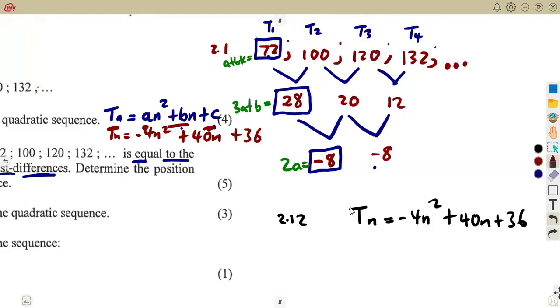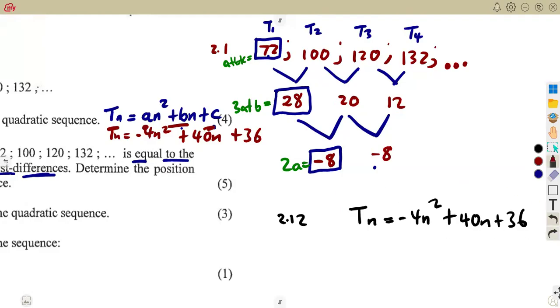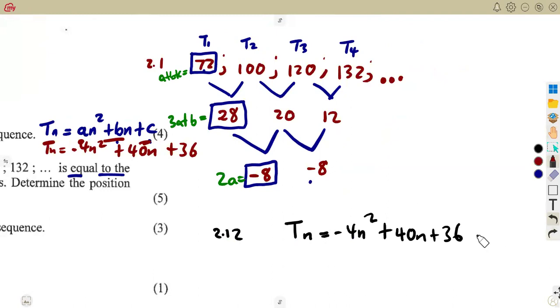It is equal to a certain value. We are supposed to equate this to a certain value so that we can formulate a quadratic equation that we are going to solve. But the value that we are supposed to equate here, we do not know. This is our Tn. Tn is equal to this value, but we do not know that value.